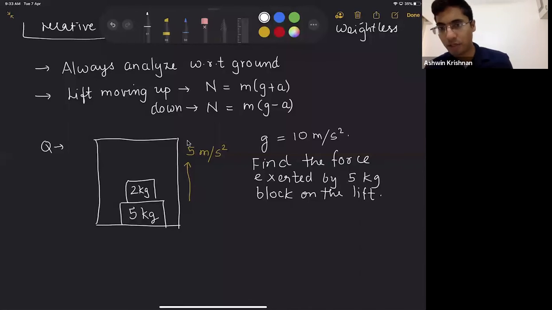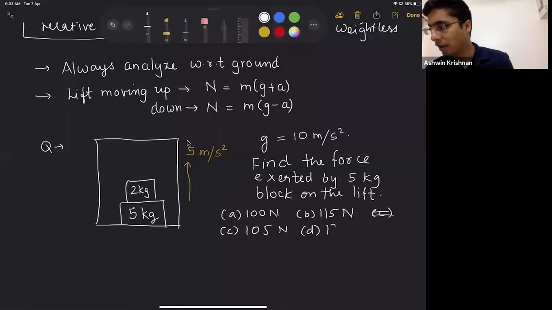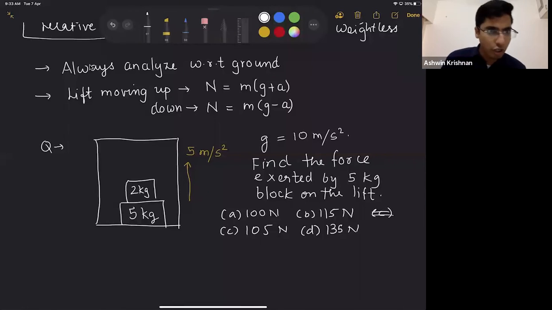I'll give you four options: 100 Newton, 115 Newton, 105 Newton, or 135 Newton. I want you to draw the free body diagram with respect to the ground and do this. Okay, I'm going to give you some time to do this, and then I'll explain how to do this.